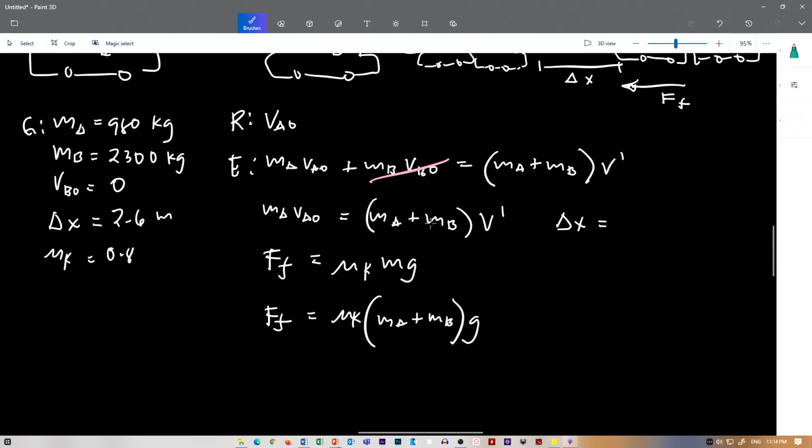Let's try now: a delta t squared over 2 plus v sub 0 delta t. Then for the fourth equation, we have v squared equal to v sub 0 squared plus 2a delta x. For this one, v squared will be cancelled since our final velocity will ultimately become 0. Then for the first one, our v sub 0 here will be the velocity upon impact.